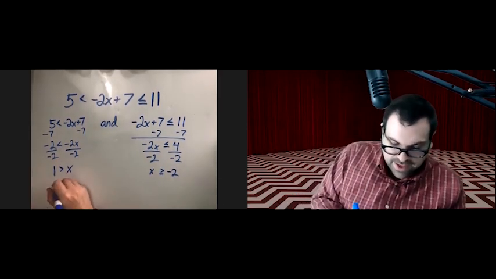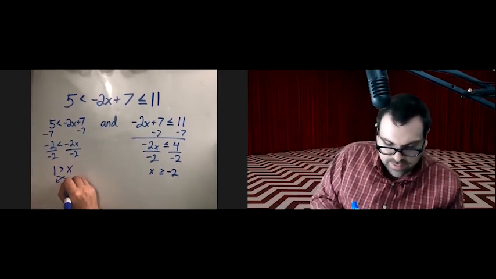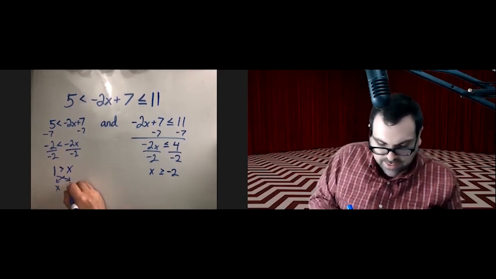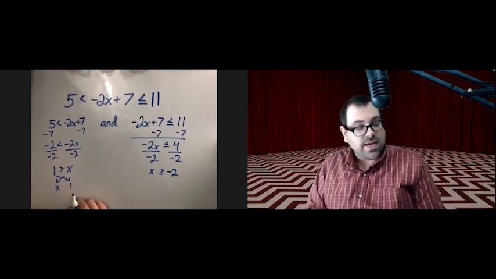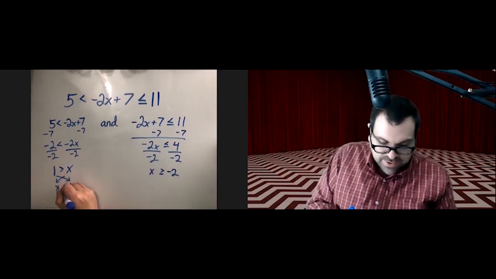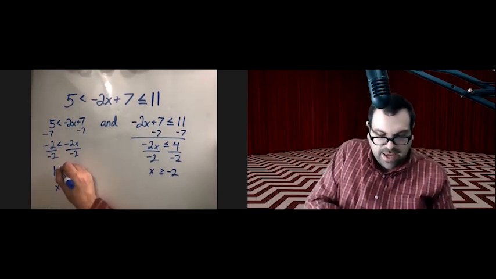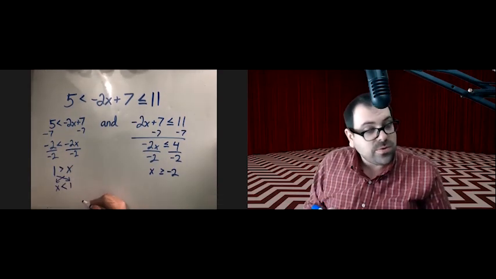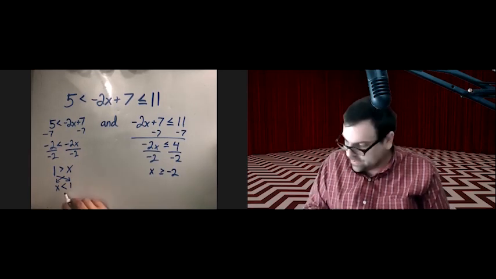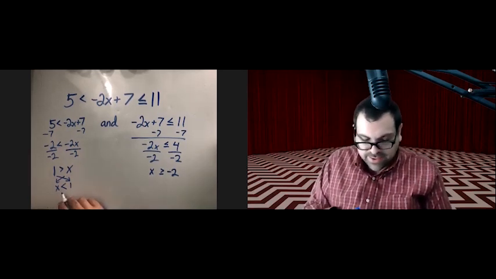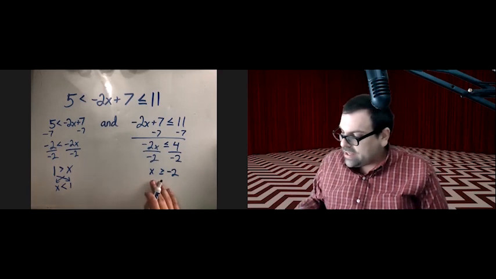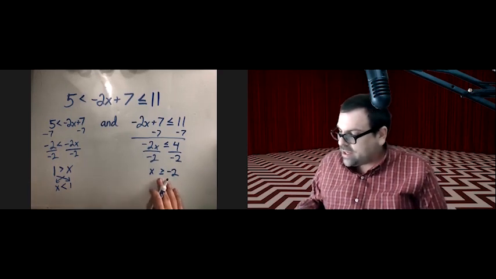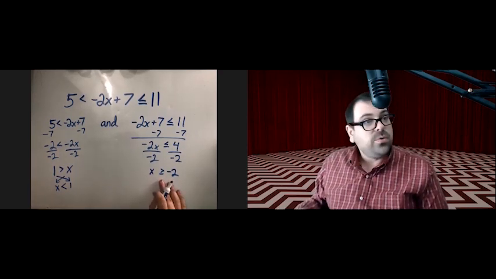This would be the same as x and 1. If we switch the sides, the x keeps the little point. Pac-Man's mouth opens towards the 1. So we have x is less than 1 and x is greater than or equal to negative 2.